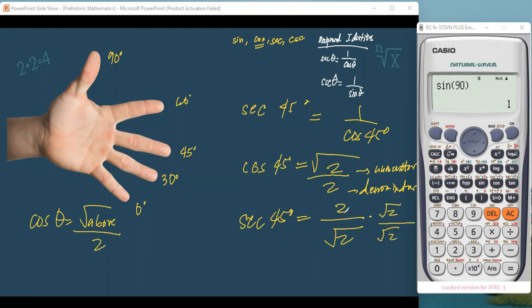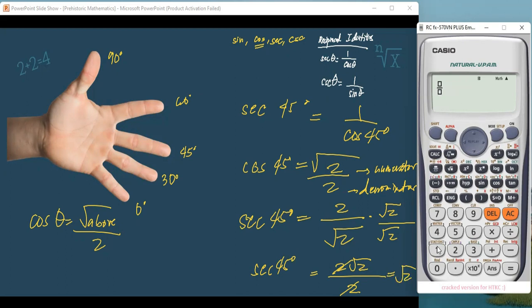That is 2 times the square root of 2 over the square root of 2 times the square root of 2, that is 2. Kung makikita nyo, parehas po yung numerator and denominator may 2, so that is only equal to 1. So secant 45 degrees must be equal to the square root of 2 only.